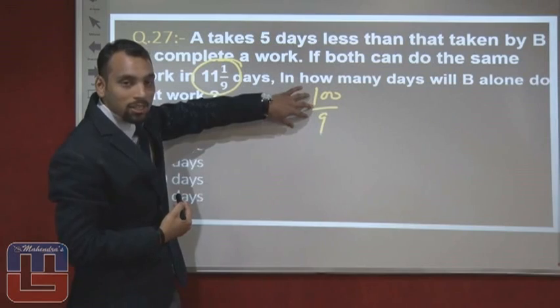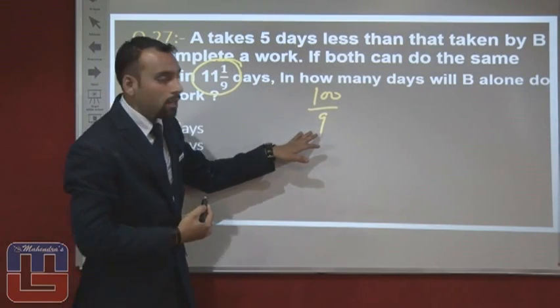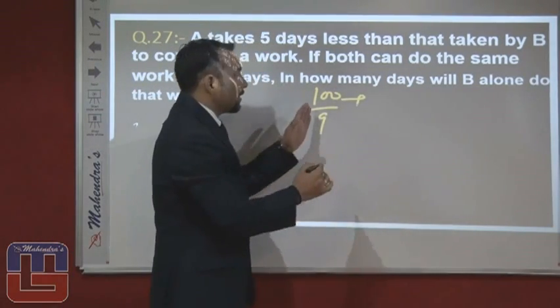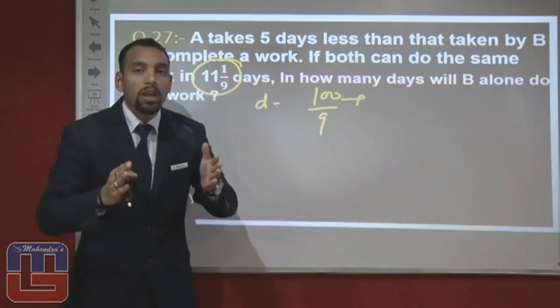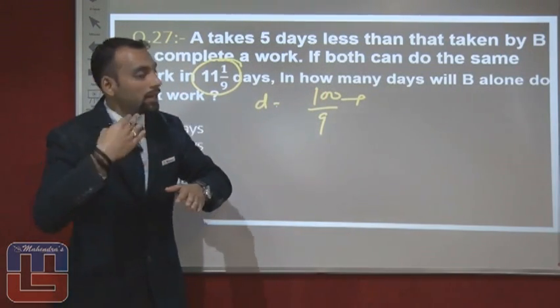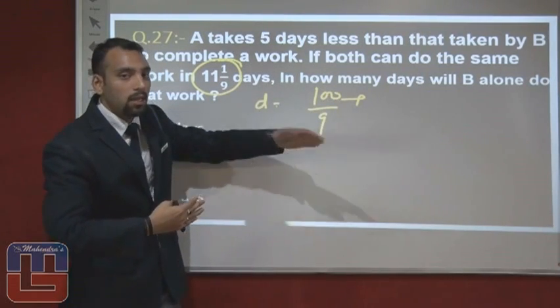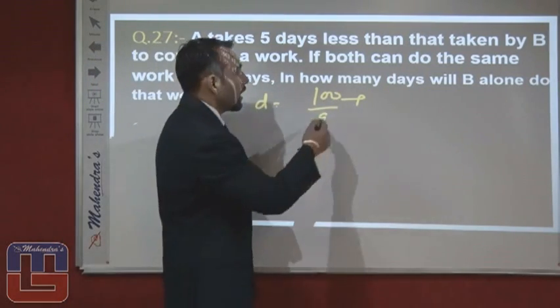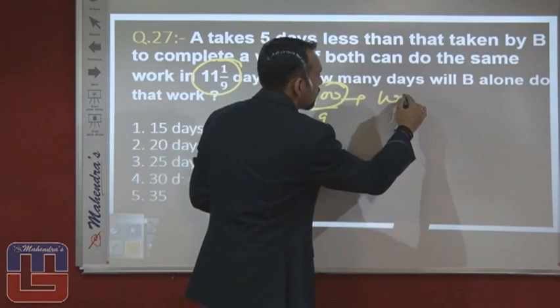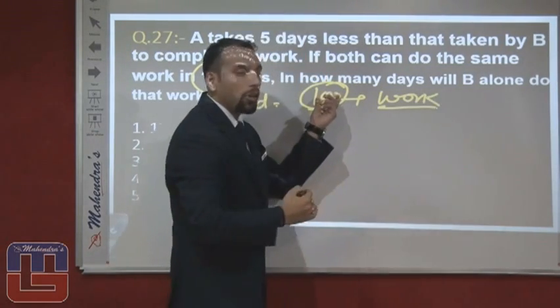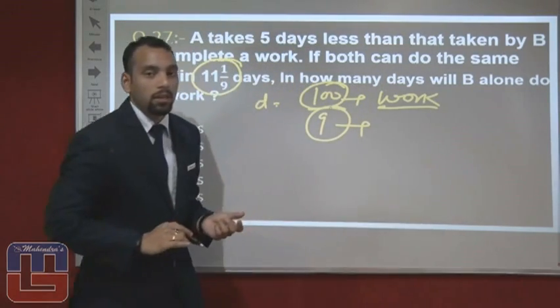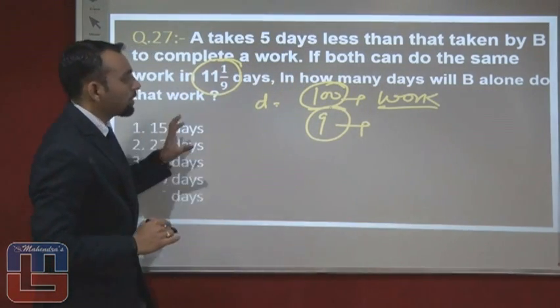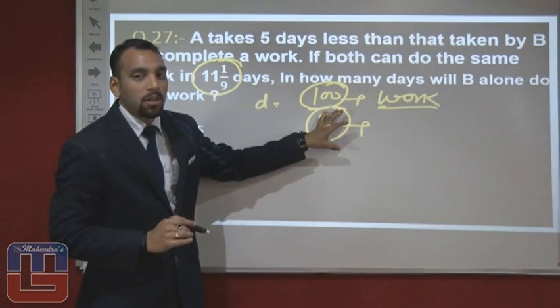We can say that days is 100 by 9, and where do we get days? By dividing work by efficiency. So we can say that the work is 100, and the combined efficiency of A and B is 9. So which option is satisfying this condition?